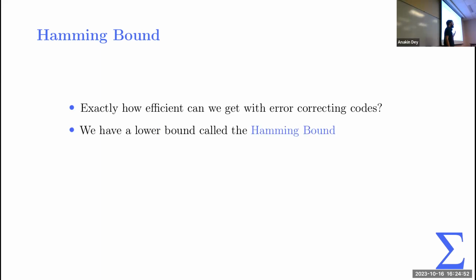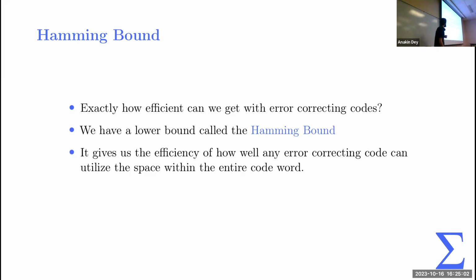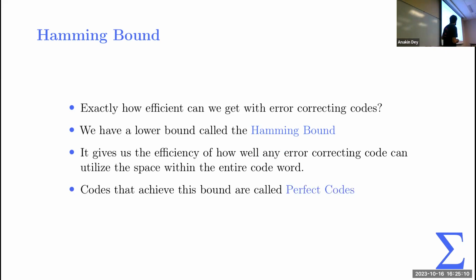So we can get a lower bound on how well these error correcting codes can cover these invalid steps, these invalid flips, with the Hamming bound. And it gives us the efficiency of how well any error correcting code can utilize that space within a code.